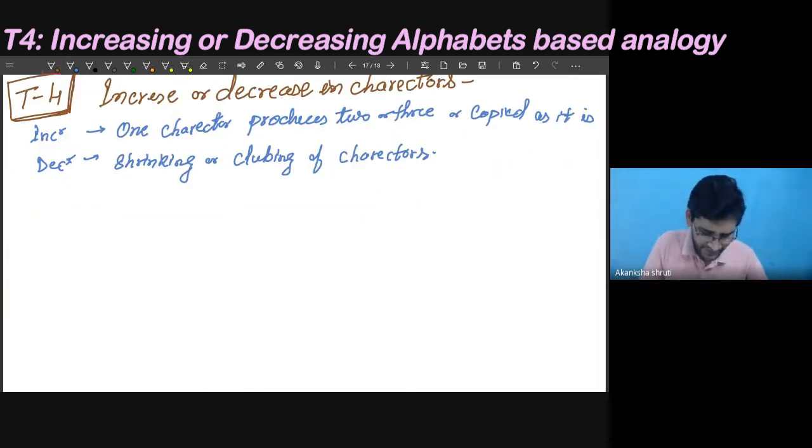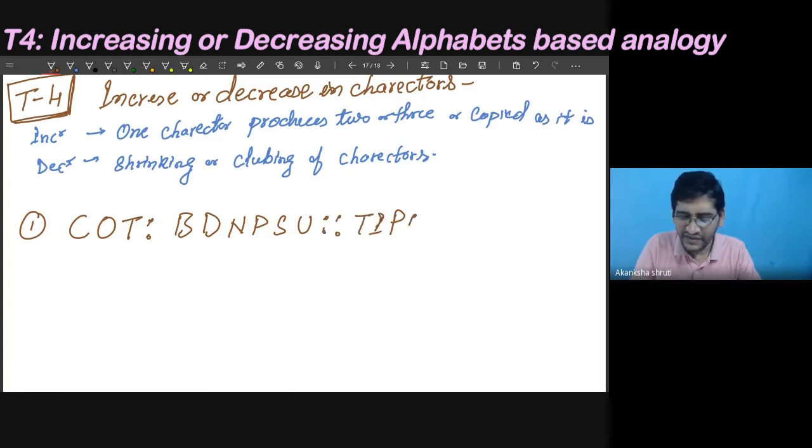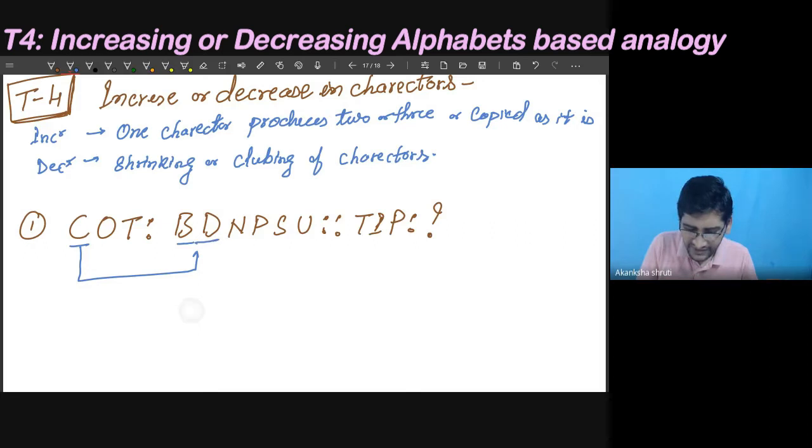Let us take one example, by that we can understand more. Say the COT is to NPSU, then TIP is to what? Here we are observing this C is producing the 2. One is by decreasing, another by increasing.